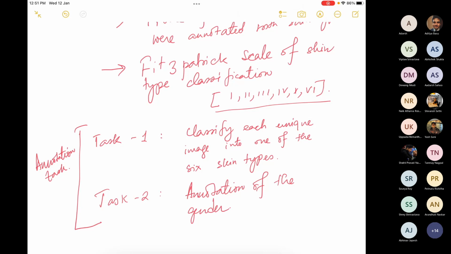So the first task is to classify each unique image into one of the six skin types, and the second annotation task is the annotation of the gender.